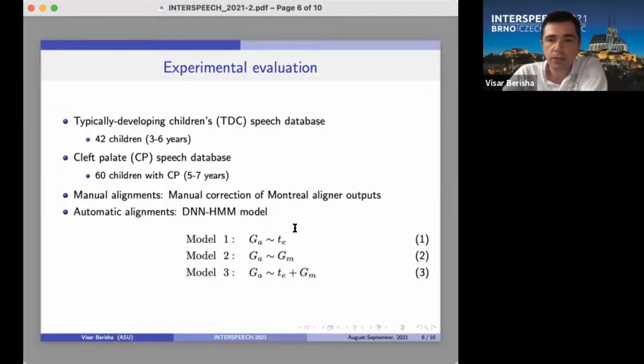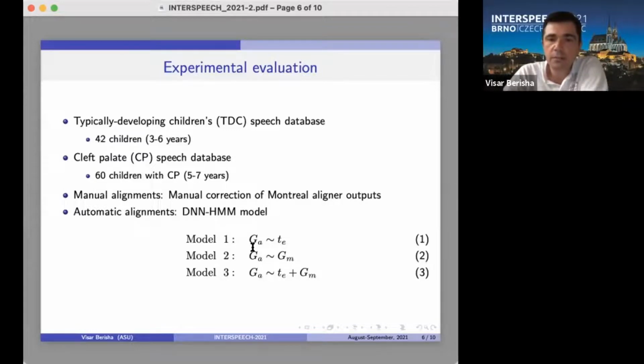The automatic alignments were done using a pre-trained DNN HMM model. Now, we're going to look at the impact of these errors using 3 linear models. What we're interested in understanding is the impact of forced alignment errors and the impact of acoustic deviation as measured by the GOP with manual alignment, not forced alignment. And so we look at 3 models.